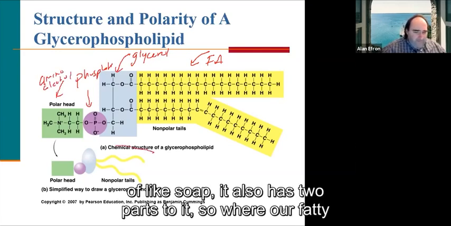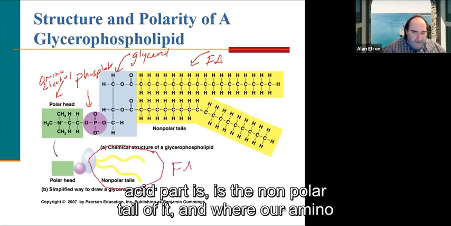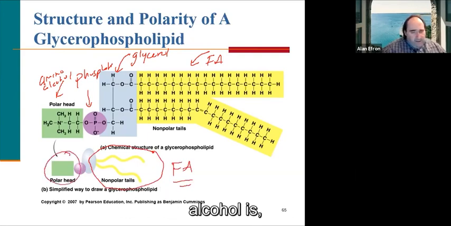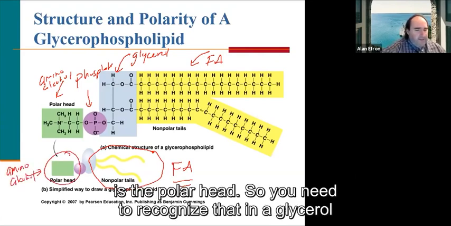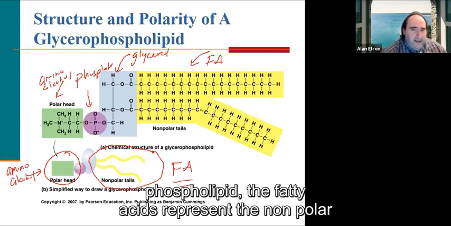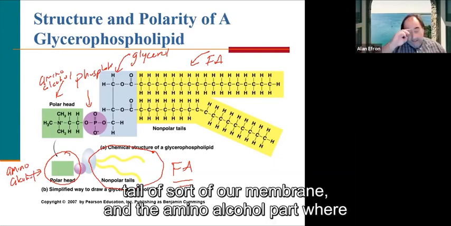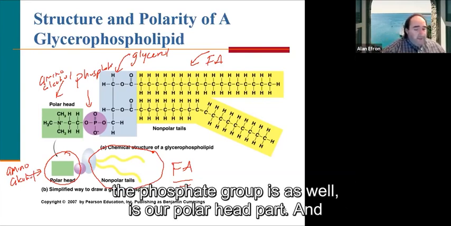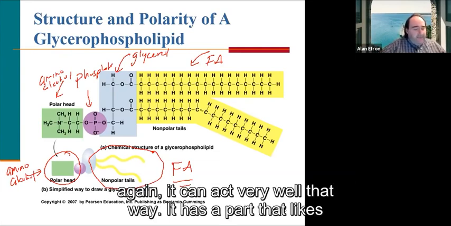Our fatty acid part is the nonpolar tail, and our amino alcohol part is the polar head. So you need to recognize that in a glycerophospholipid, the fatty acids represent the non-polar tail of our membrane, and the amino alcohol part, where the phosphate group is as well, is our polar head part. And it can act very well that way.